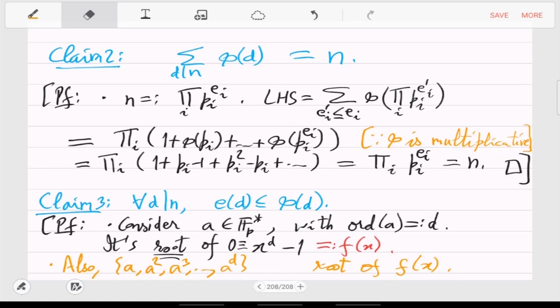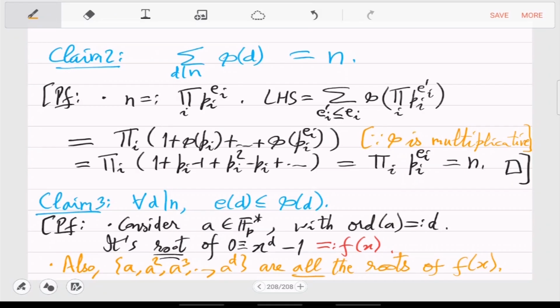So let's write that. All the roots. So once you know all the roots of x to the D minus 1, can you now say which of these are of order equal to D, right?